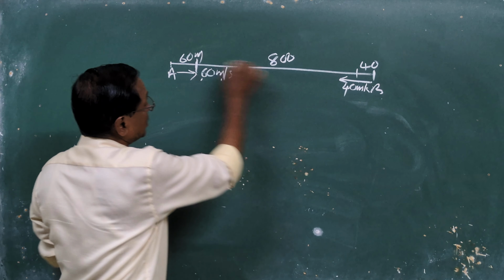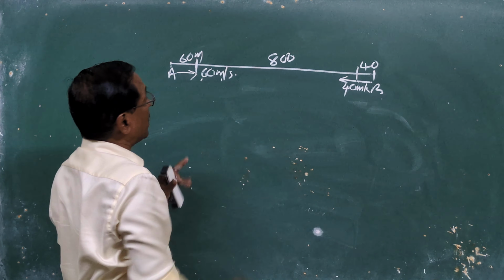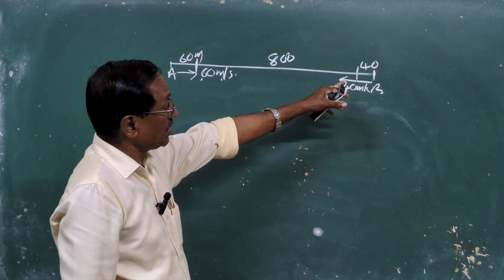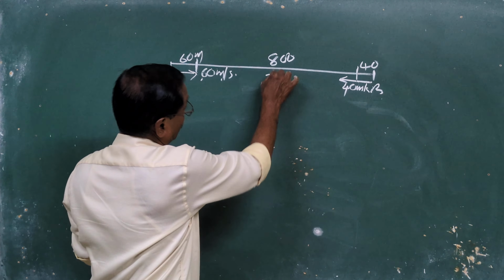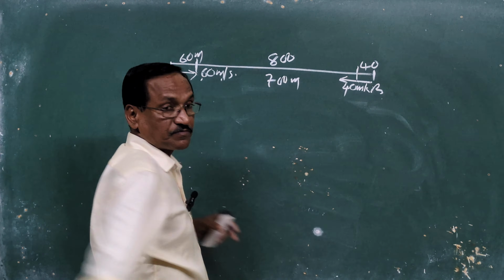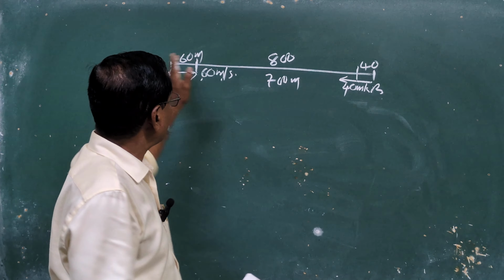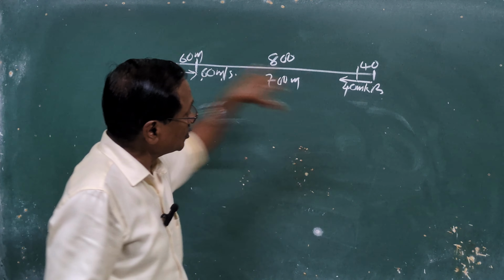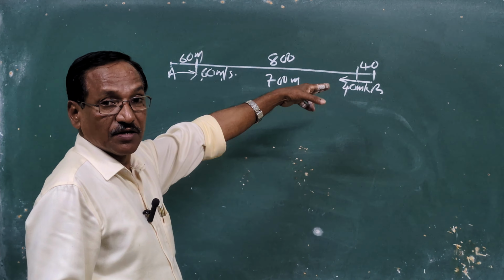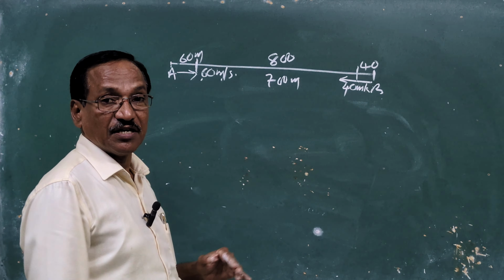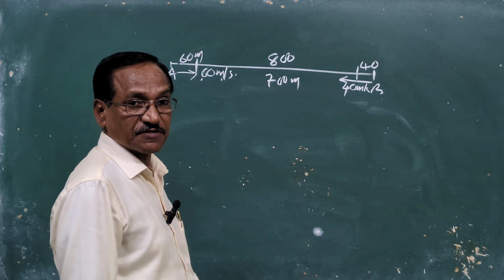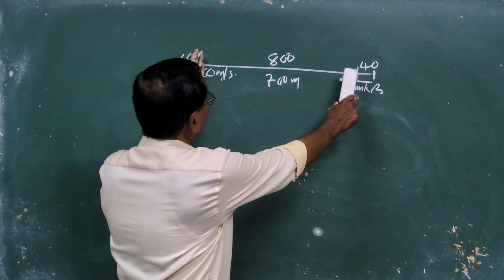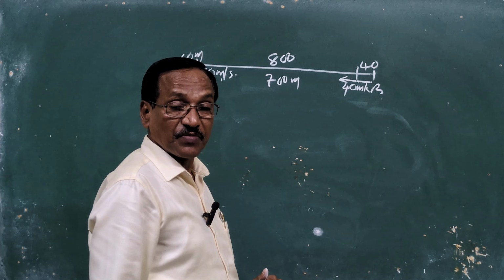Then the distance between these two bodies will decrease by 100, and so the distance will be 700 meter only, because one of the bodies moved towards B 60 meter and the other towards A 40 meter. So 60 plus 40, 100 meter is reduced in the total distance. So after 1 second, the distance between the two bodies will be only 700 meter.